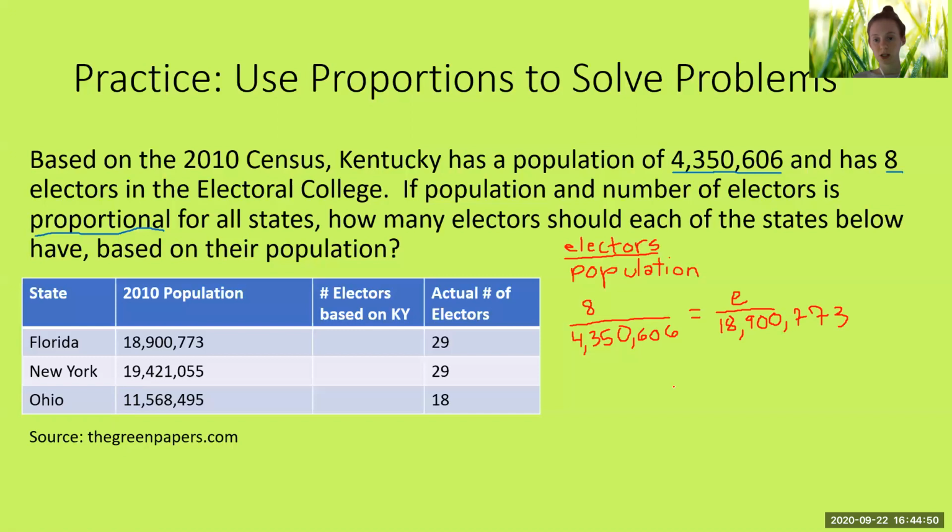So first thing I'm going to do is cross multiply 8 times 18,900,773. And I get an answer when I multiply those numbers. So right, first thing I'm doing is I'm cross multiplying.